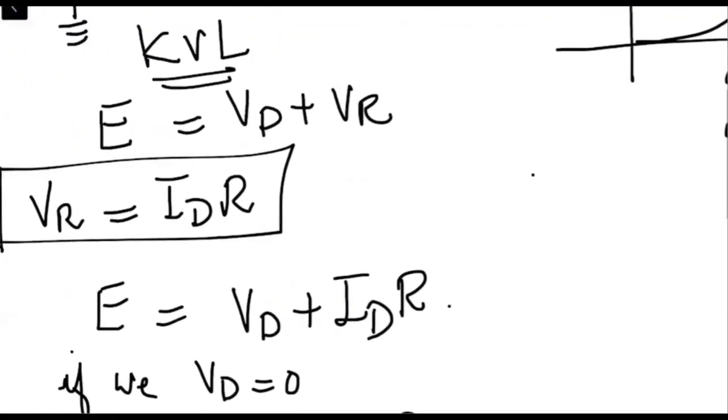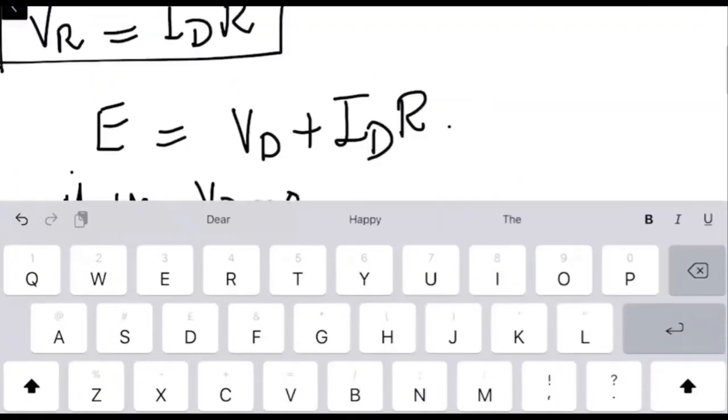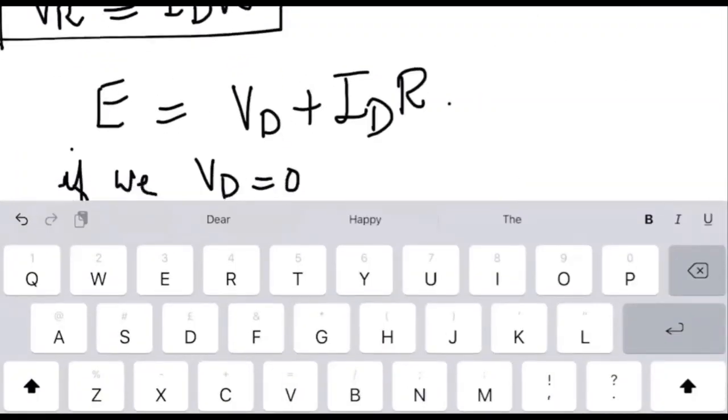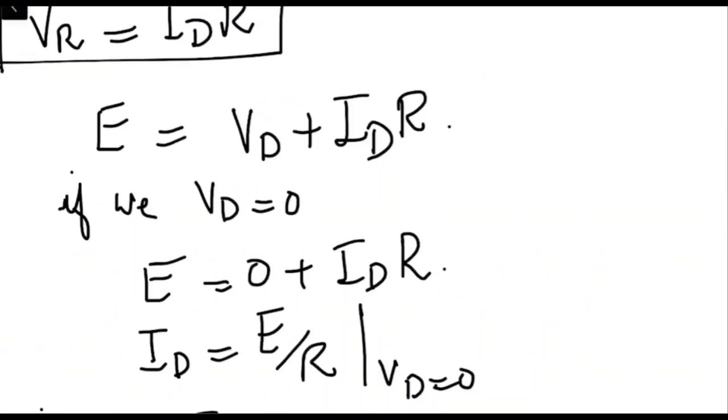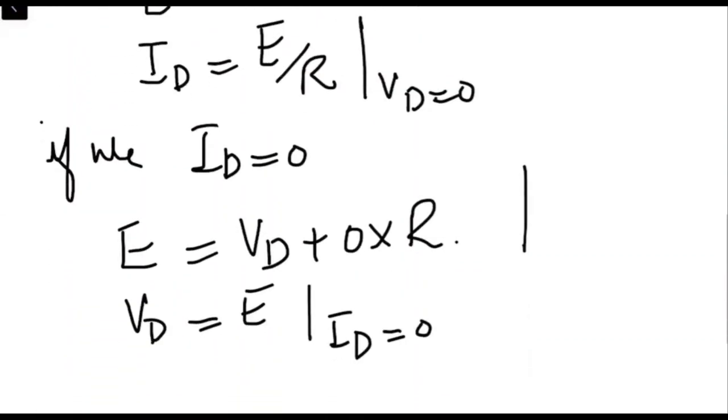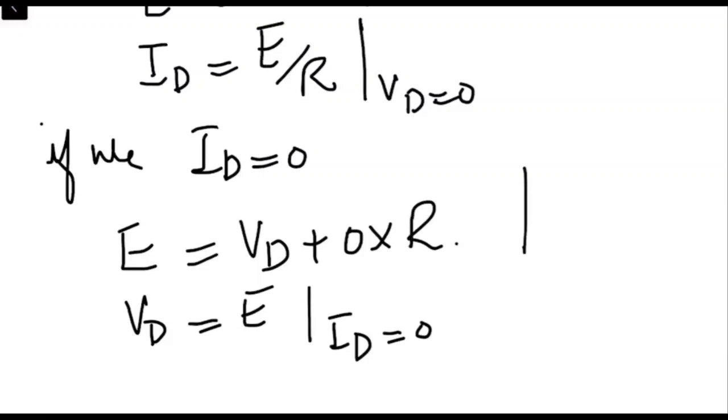With these 2 points which we are obtaining over here, if we put VD is equal to 0, we get ID, and if we put ID is equal to 0, we get the point for VD, right?